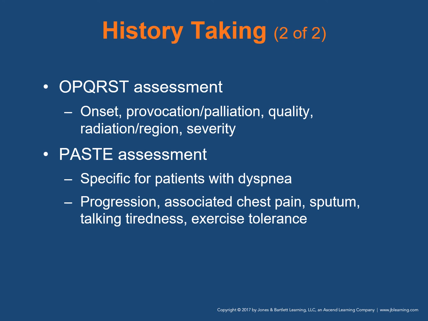So the O, or the onset. When did the breathing problem start? Did it come on suddenly, or has this been going on for days? These things are helping you figure out, is this a chronic issue? Has this been progressing, like a COPD exacerbation, or a congestive heart failure issue, or an asthma issue?